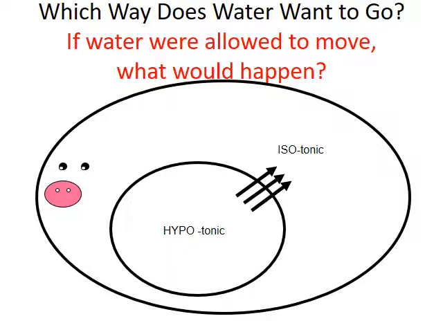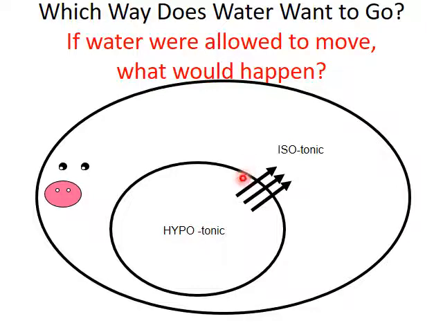So what would happen if water were allowed to move? The water would leave the rumen, and we would generally dry out the rumen. And a dry rumen doesn't work nearly as well. We need that water to stay in the rumen and allow things to be mixed and mushed around, absorbed, twisted, kneaded, all that stuff.